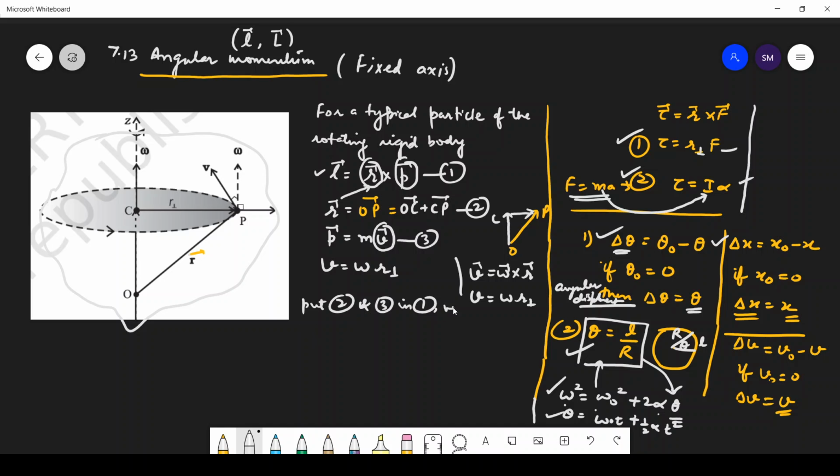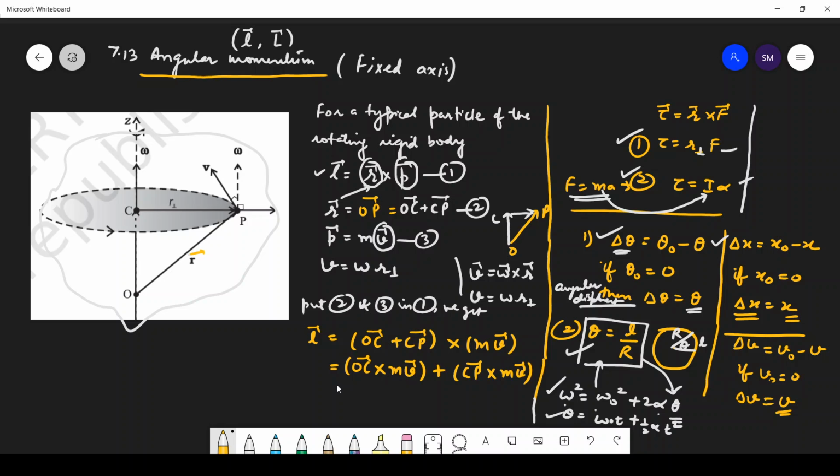We get L is equal to OC plus CP cross m into v, right? Now this can be cross multiplied, so by the distributive law, OC cross mv plus CP cross mv.